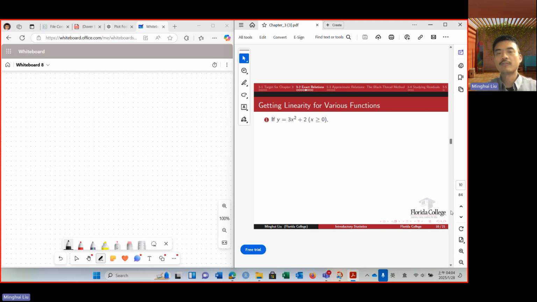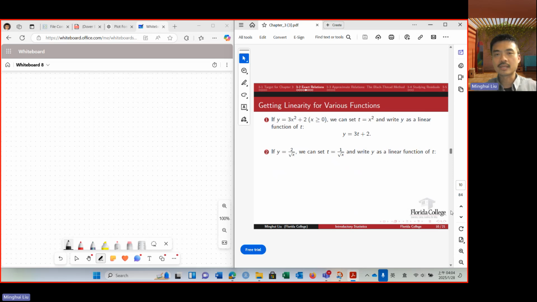All right, a few more examples. If this relation is y equals 3x squared plus 2, this is apparently a quadratic relation. And you can define t equals x squared, and then y becomes 3t plus 2. Or this is a little bit tricky. If y equals 2 divided by the square root of x. Well, there's nothing too tricky about it.